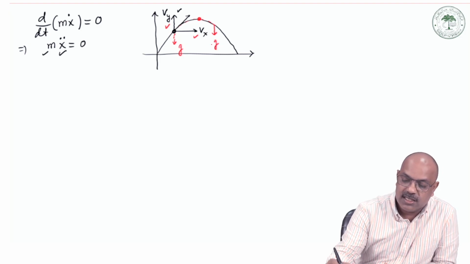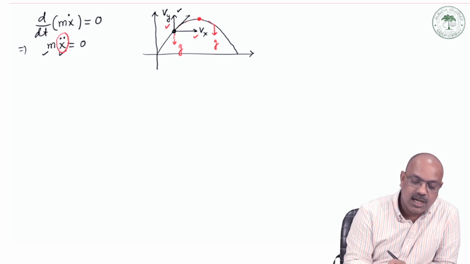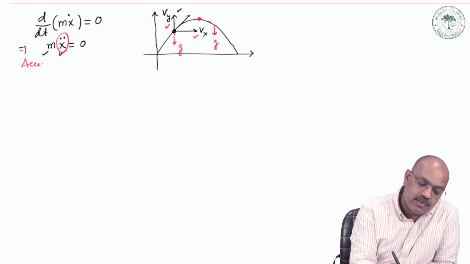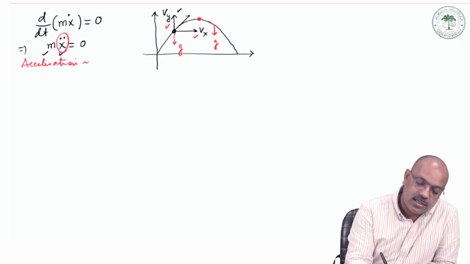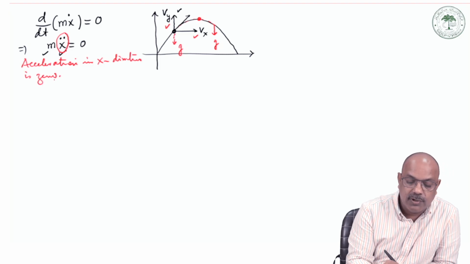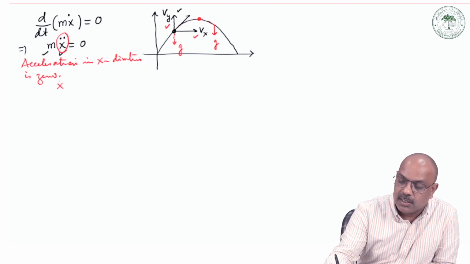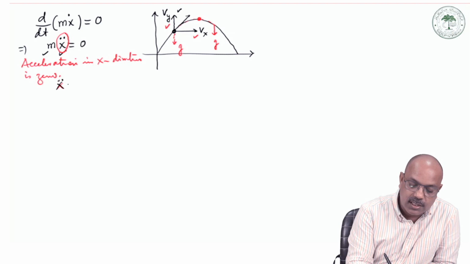So you can see from here that the acceleration in the x direction is 0. That means x double dot is 0, that is, d2x by dt square is equal to 0.